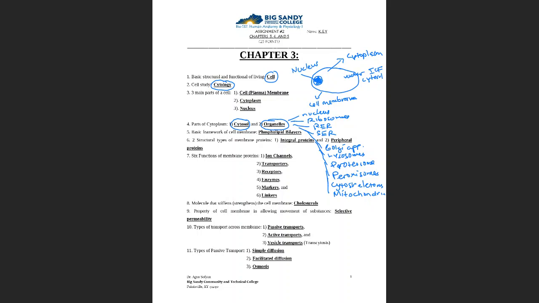Okay, and then the cell membrane, the framework is called the phospholipid bilayer. Remember, a phospholipid is a molecule that has two main parts. The head is the hydrophilic head. Hydrophilic means love water.